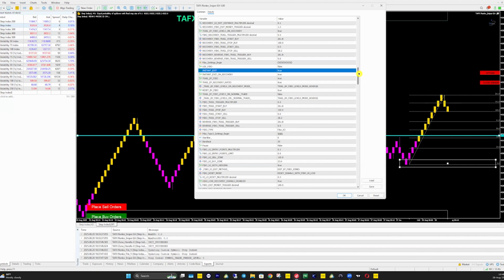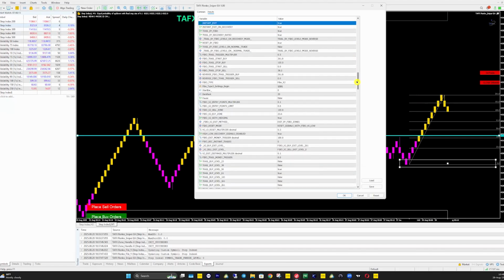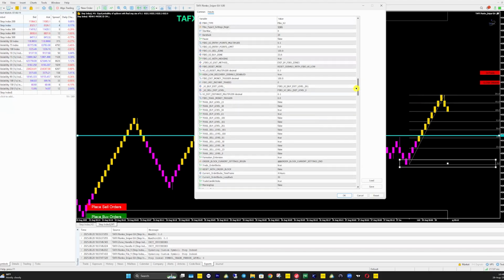All right, we are activating these levels. So let's go to the setup of exit level.